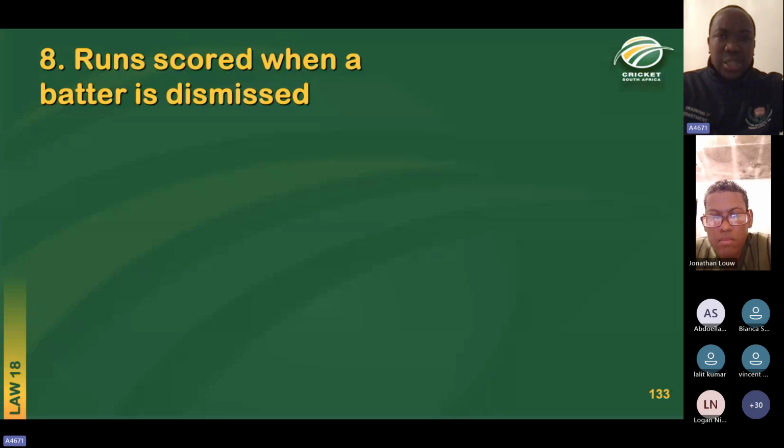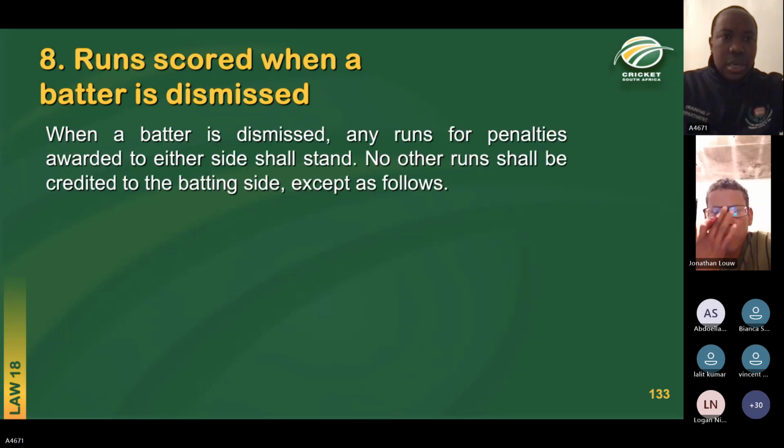Are any runs scored when a batter is dismissed? Yes and no. Let's see what the law says. Law tells us that when a batter is dismissed, any runs for penalties awarded to either side shall stand. So that's a no ball or wide or penalty, 5 penalty runs if applicable.